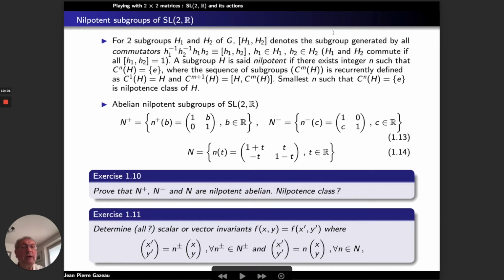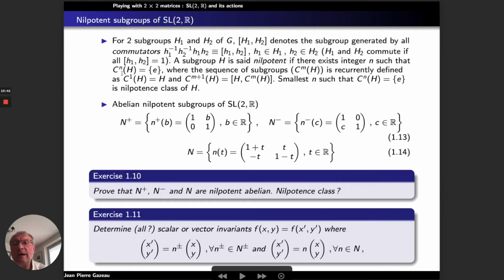And of course, the two subgroups commute if all commutators here are equal to 1. Actually, I should put E here. A subgroup capital H is said nilpotent if there exists an integer n such that this expression Cn of H is reduced to the identity subgroup.